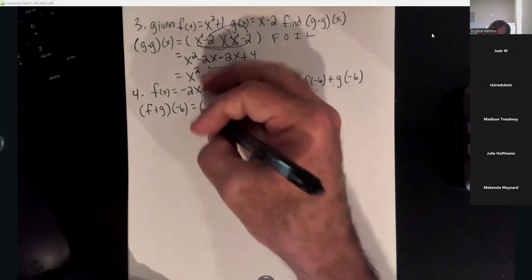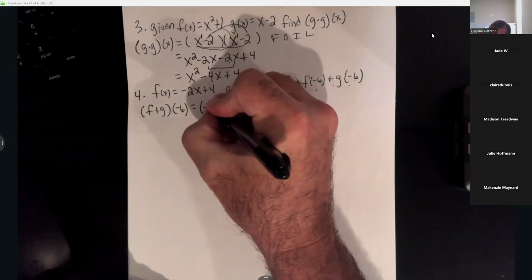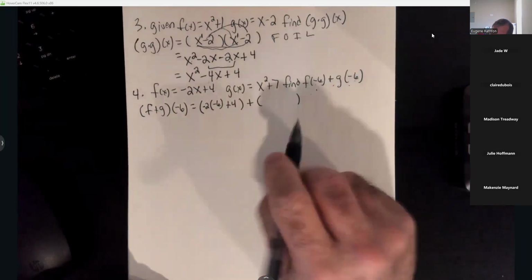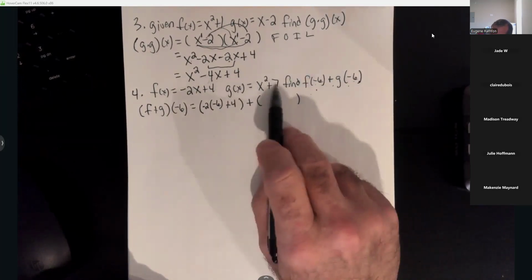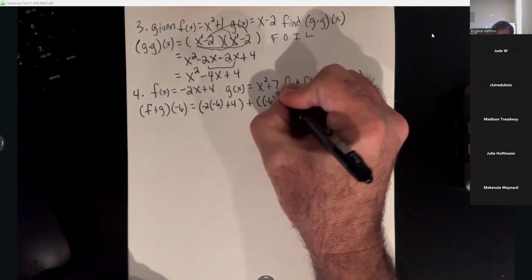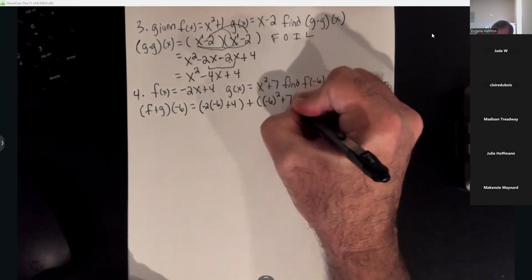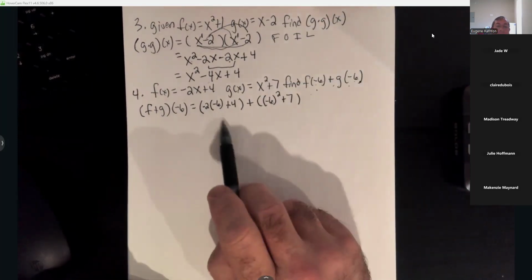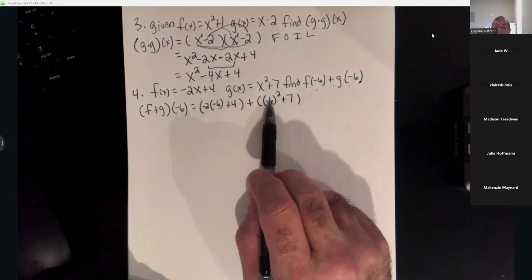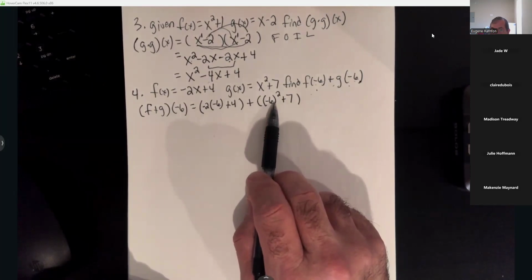So this first one will give me negative 2 times negative 6 plus 4. The second one, putting a negative 6 in for g, gives me a negative 6 squared plus 7. Remember, put these negative numbers inside their own parentheses, okay?